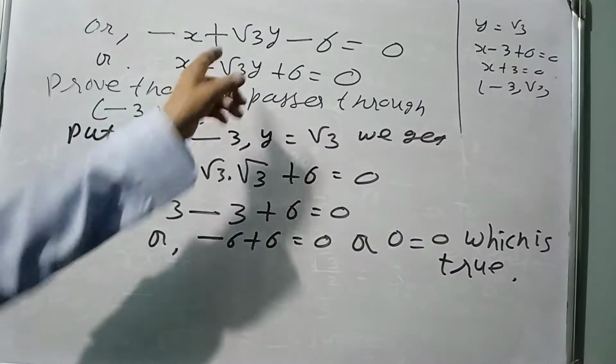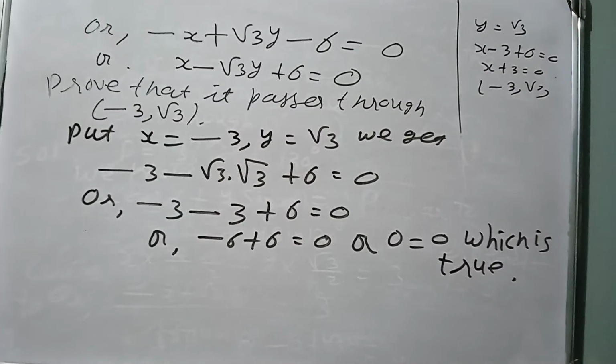It means this line passes through the point -3, √3.